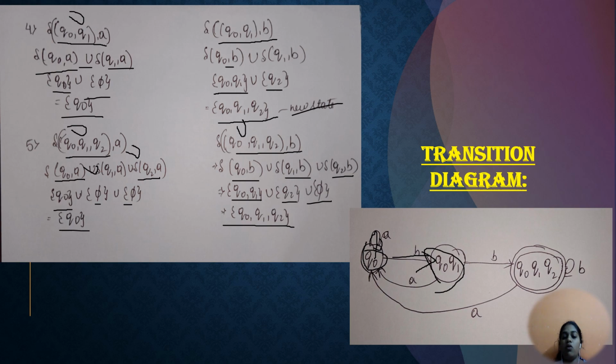Then Q0 Q1 on A goes to Q0, and Q0 Q1 on B goes to Q0 Q1 Q2. Q0 Q1 Q2 on A goes to Q0, and on B it loops to itself, Q0 Q1 Q2. Here we can see that Q0 Q1 Q2 is the final state.